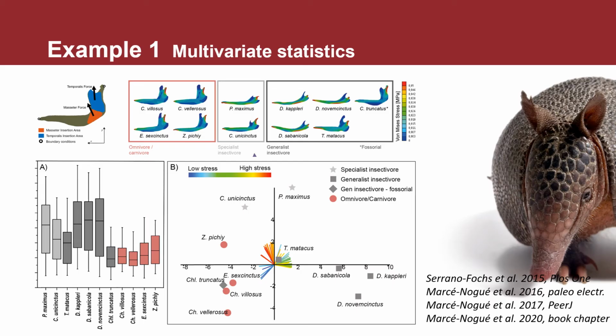In this example, we solved a biomechanical problem during chewing in mandibles. We are plotting the FEA results in box plots where we can compare average values or percentiles between species. And we are plotting the results in a PCA where we can compare biomechanical behaviors between species. Thanks to these methods, we found a significant relationship between biomechanics and diet in a set of armadillos.